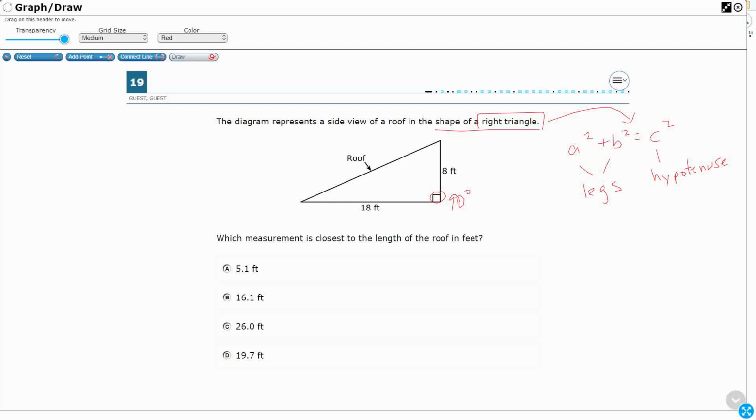So I can label this side A, and I can label this side B. Doesn't matter, I could have flipped those. What does matter is that this side is labeled C, because this is literally what it means.